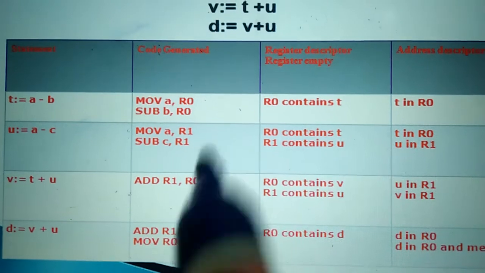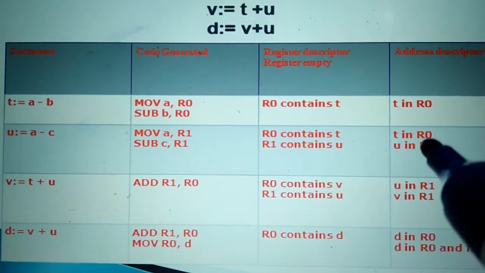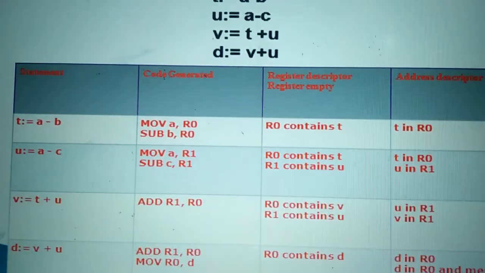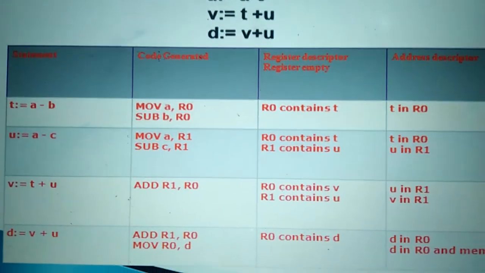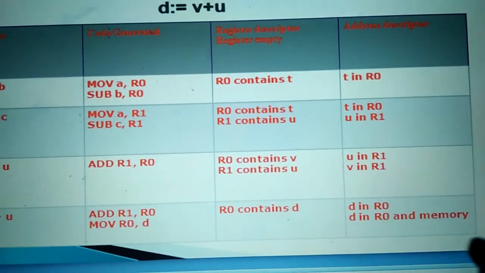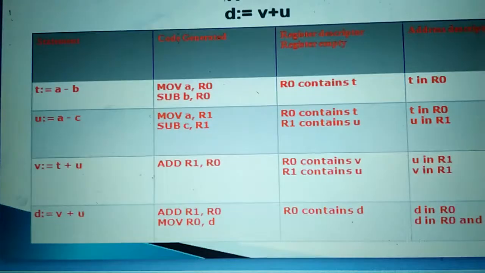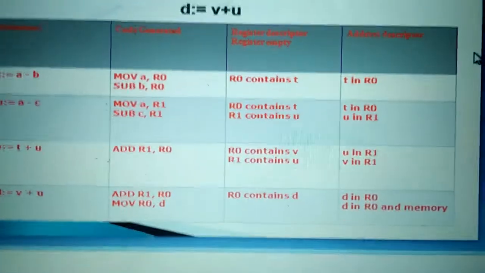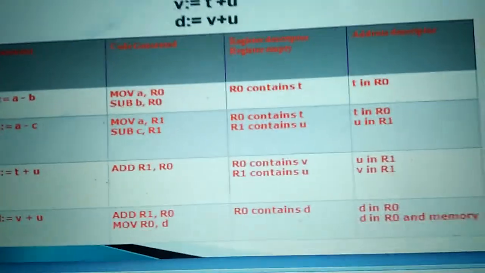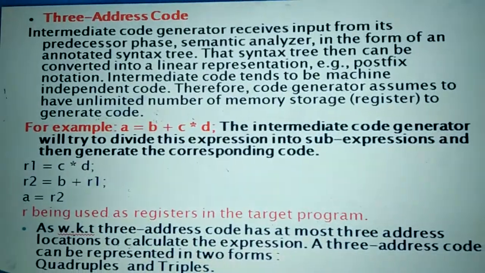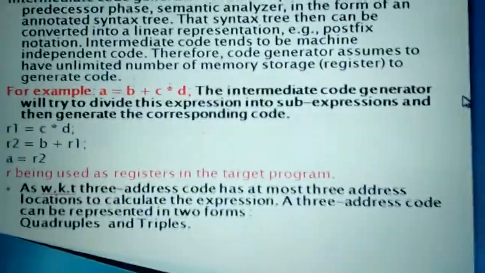R0 was having the whole content of V, and R1 was having the whole content of A minus C. So R0 contains D, D in R0 and memory. From the memory we are picking. This is how the generation of the target code works for the example of the 3 address code.